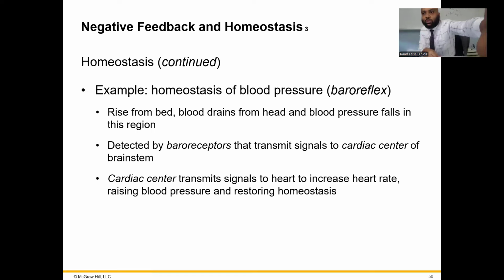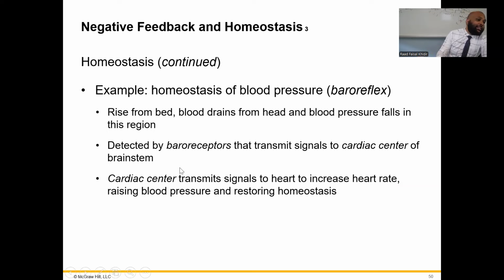What happens is, as you rise from bed, the blood drains from the head, and the blood pressure falls in this region, and that is detected by the baroreceptors that transmit signals to the cardiac center of the brainstem.